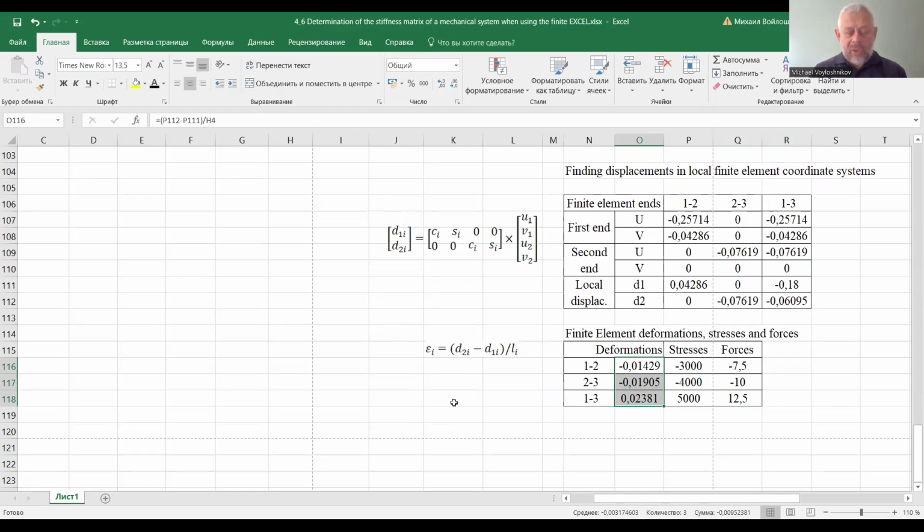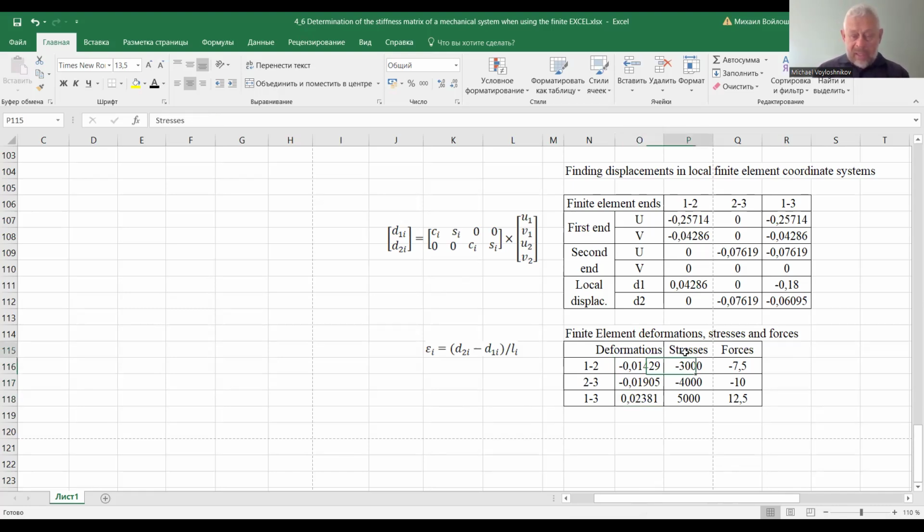For the rod finite element, especially without distributed load along each finite element, within the framework of the assumptions of the finite element method we assume that the deformation is evenly distributed along the length of the finite element. So this deformation is distributed at each point of the finite element: the first, the second, and the third finite element.